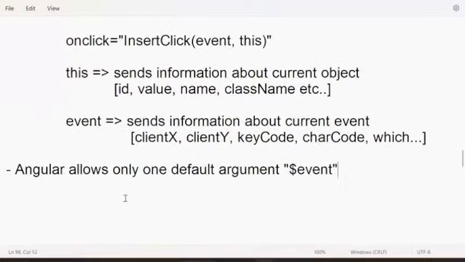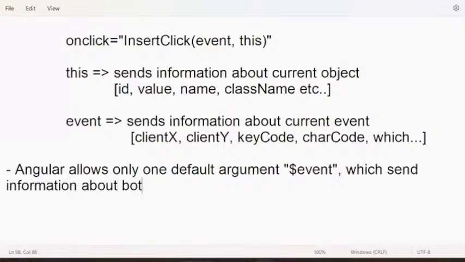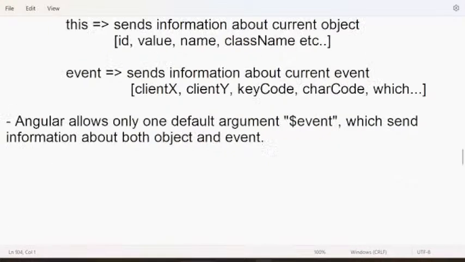But remember, this $event can send information about both object and event. Angular events will not have this and event. Instead of that, they will have which one? $event. And this $event can send both details, object details and event details.